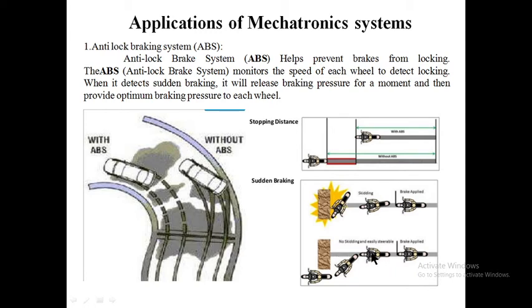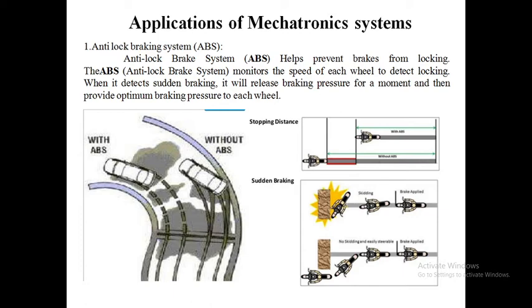But suppose your vehicle has an anti-lock braking system. Though you apply a lot of pressure on the brake, the anti-lock braking system slightly removes the pressure. It only reduces the speed of the wheel but does not completely lock it.